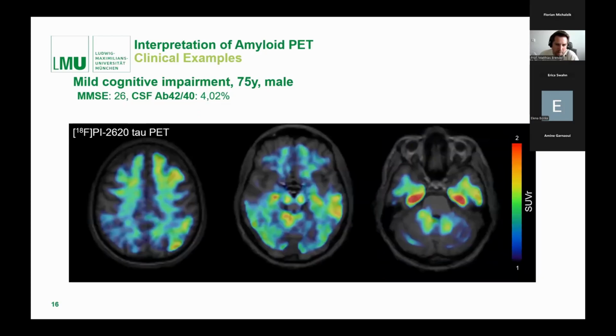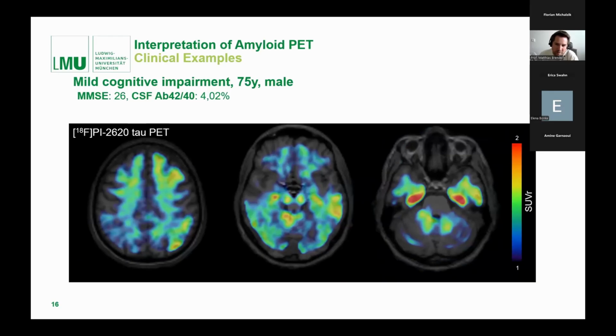And if you then do a tau PET in such a case afterwards, you are able to judge that there is already beginning tau deposition, tau accumulation in the mesial temporal lobe, also temporal lateral, and a little bit in the frontal and parietal lobe. So you need to consider that this SUVR is really harsh. It's a scale from 1 to 2.